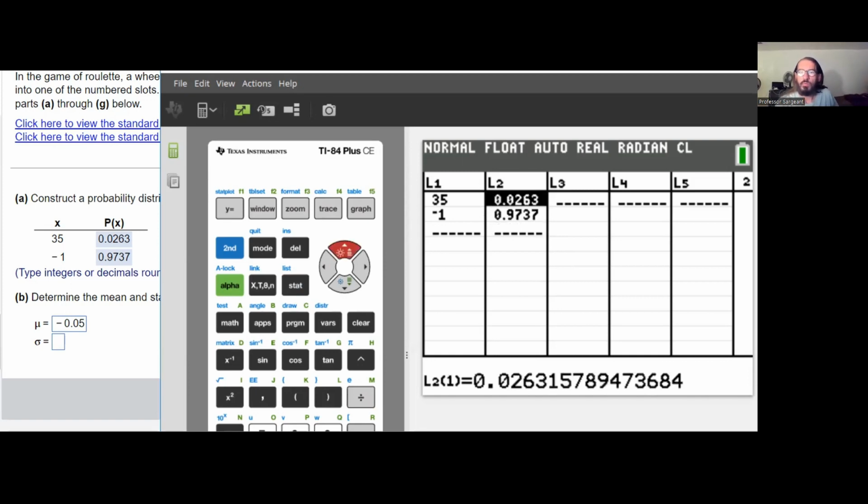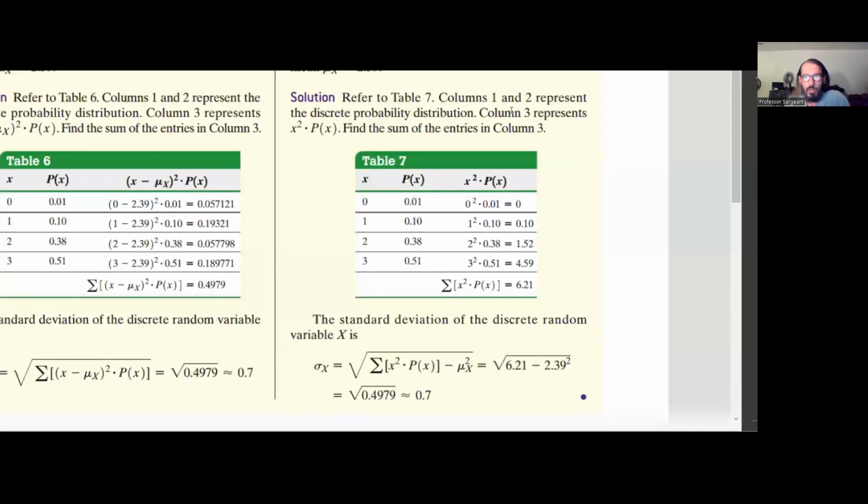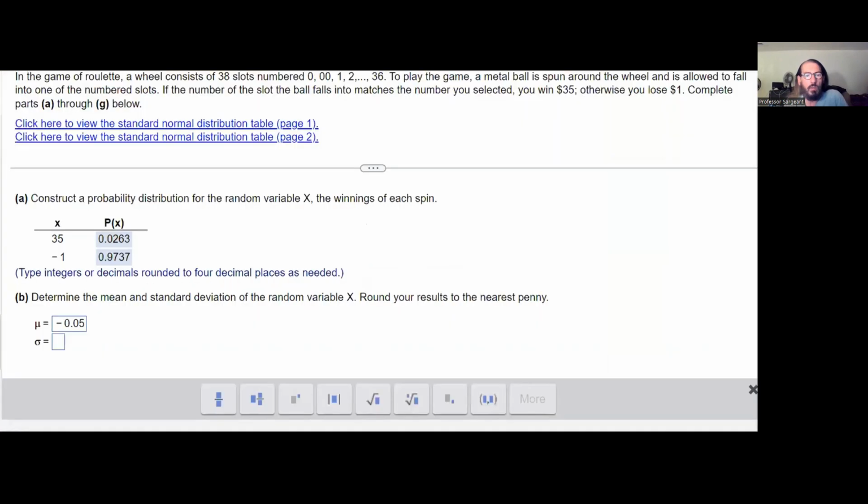Give me a moment. Got to remember how to do standard deviation for discrete variables. All right, I have to admit that I temporarily forgot, although I think I was close to the first formula with what I had in my mind. All right, so we found a mean of negative 0.05.